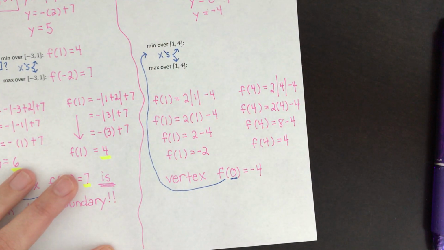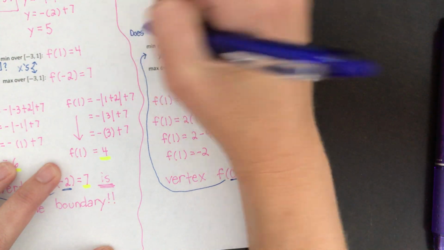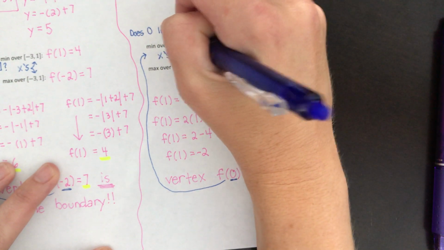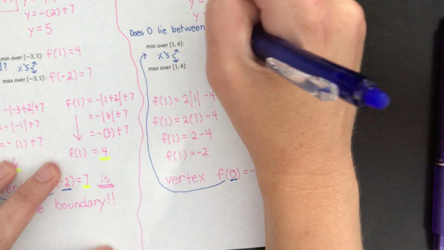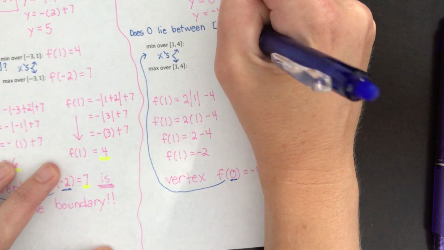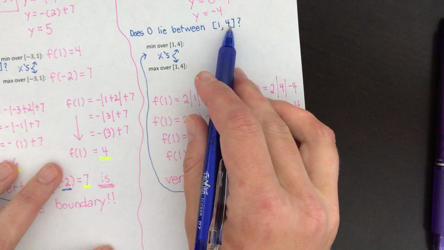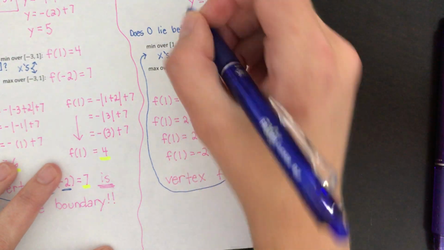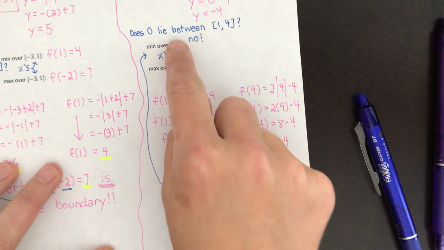So you're going to examine the x value, and you're going to ask yourself this important question: does 0 lie between 1 and 4? No, 0 comes before 1. So no, 0 does not lie between our boundary here.